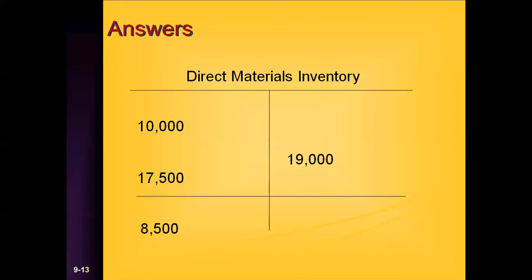Then we added 17,500 in direct materials purchased, and then we issued $19,000 of direct material into production. So that was the $19,000 credit. So our balance of the direct materials inventory at the end of the period is essentially $8,500.